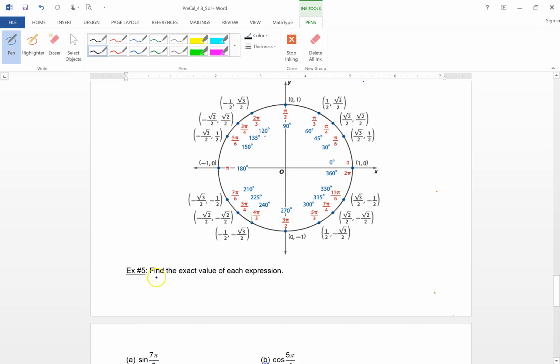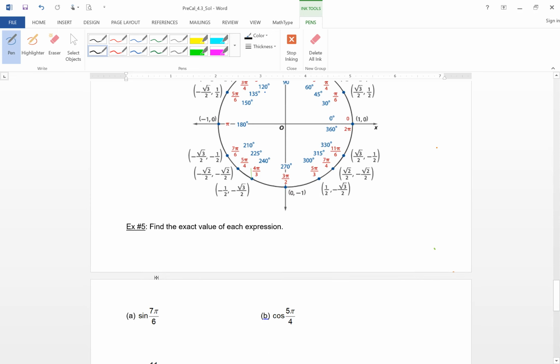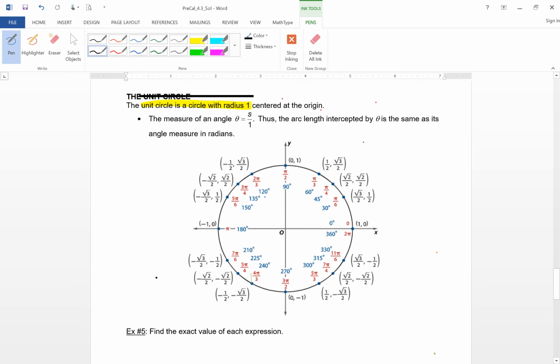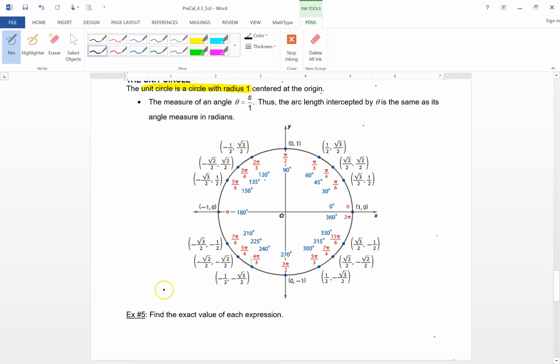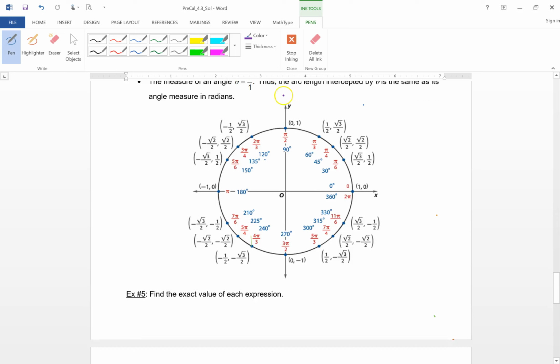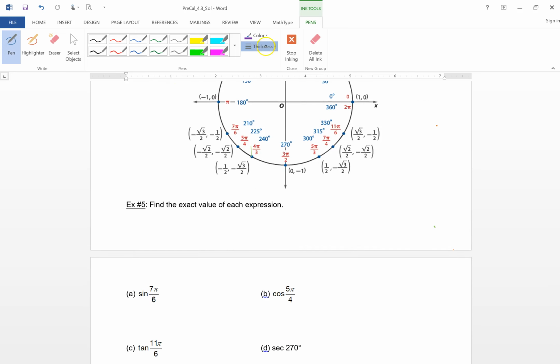So we're going to do this in reference to the unit circle. The first one here that we're going to do is 7 pi over 6. You're going to visualize this. So 7 pi over 6, what I do is I say in improper fraction, 7 pi over 6 is 7 over 6 pi.